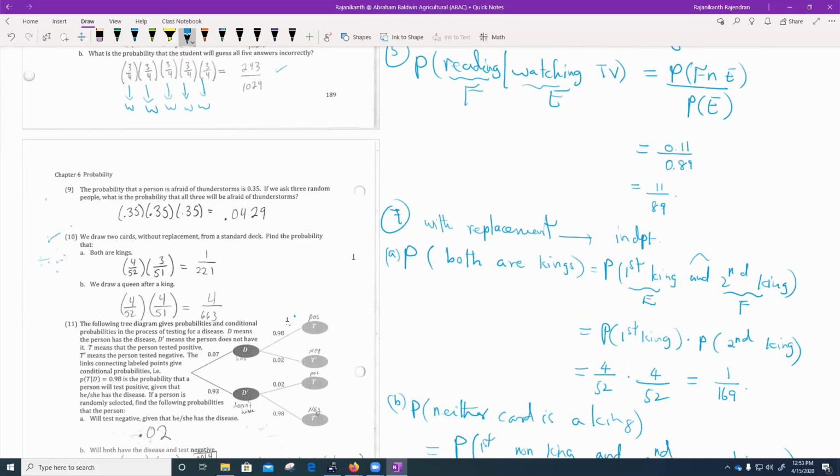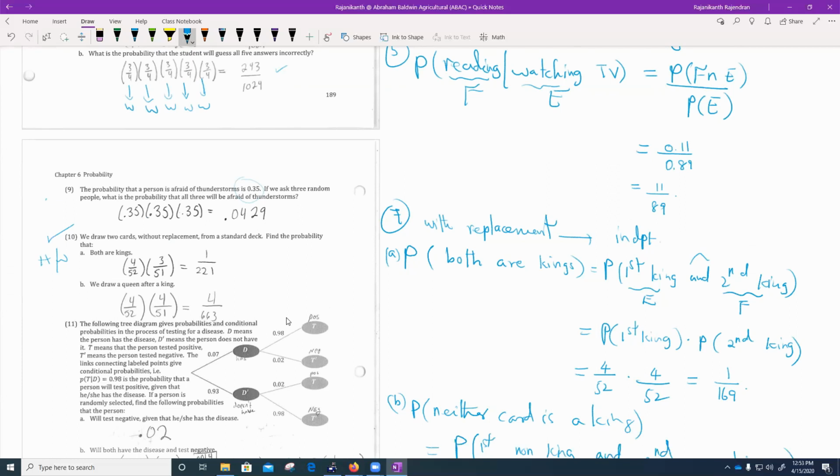But number 9 is the probability that a person is afraid of a thunderstorm is 0.35. If we ask 3 random people, what is the probability that all 3 will be afraid of thunderstorm? Remember asking question for all 3. 3 people are now independent, right? So I'm asking question, they are giving answer independently.